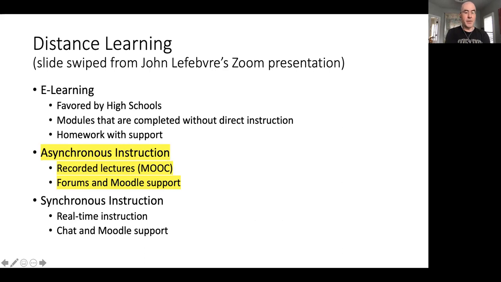I do that in some of my classes too, but particularly today we're going to talk about forums that we can use in Moodle. The other type is synchronous instruction. This is real-time instruction. This is what we're doing right now, where we're having a meeting together. Synchronous can also be a chat function. We're going to be using that today, but there are also other kinds of synchronous instruction.